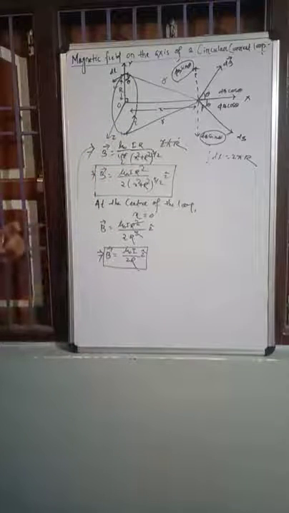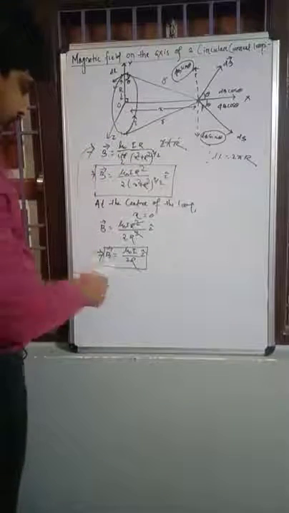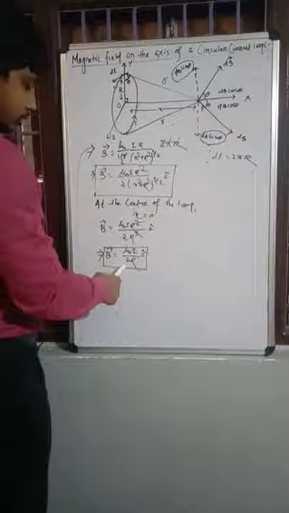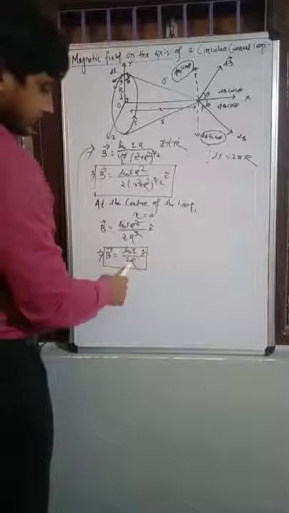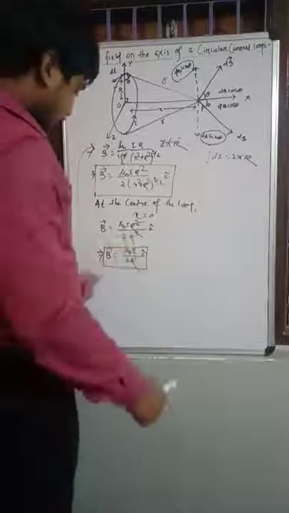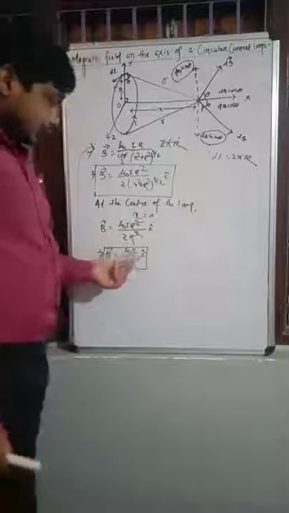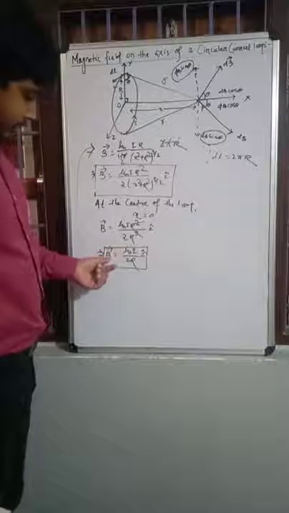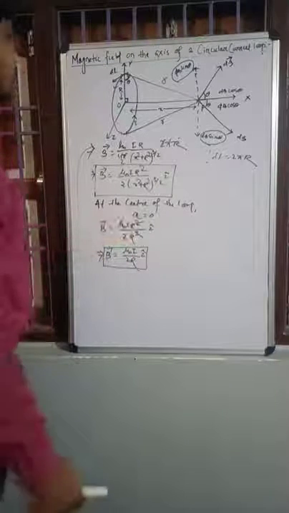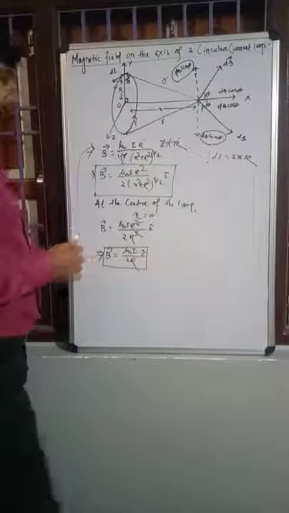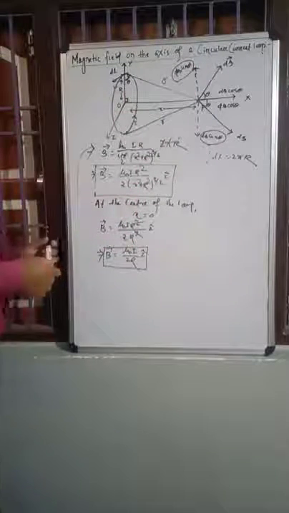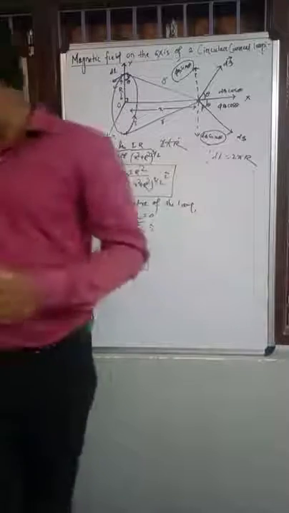So this is the value of the magnetic field at the center of a circular current loop: B vector equal to mu naught I by 2r into i cap. Okay, so this is all about the magnetic field on the axis of a circular current carrying loop.